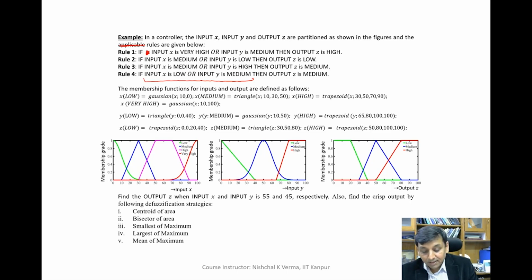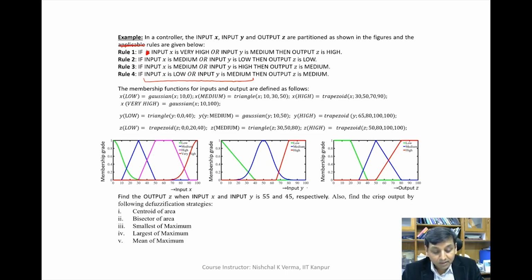And we see that the input is divided into multiple fuzzy regions. Input X, please look at this, is divided into multiple fuzzy regions. Each region is represented by a fuzzy set: low, medium, high, very high.